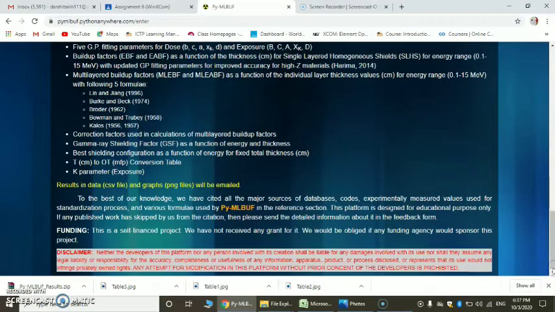Then we have correction factors, gamma ray shielding factors, K parameter. And the most beautiful thing of this platform is that results in data and graphs will be emailed to us, so we can analyze after that.